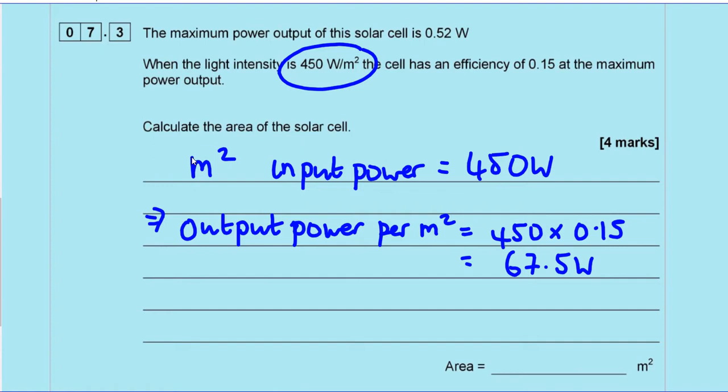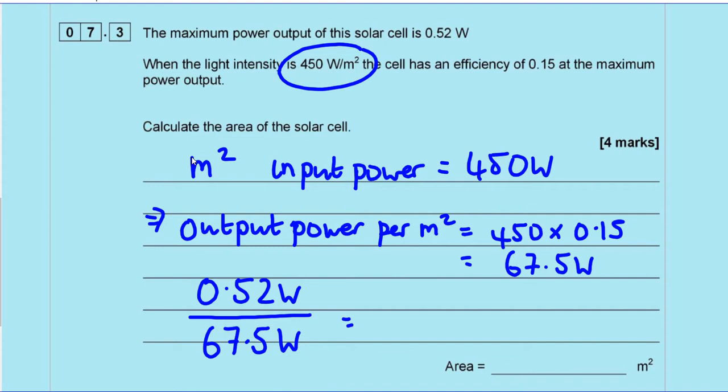Now what I actually know is the maximum power output of the cell is 0.52. Okay, which is obviously a lot smaller than the 67.5 I'm getting per meter. So if I take my 0.52 and divide that by the 67.5, that should tell me the area in meters that I've got.